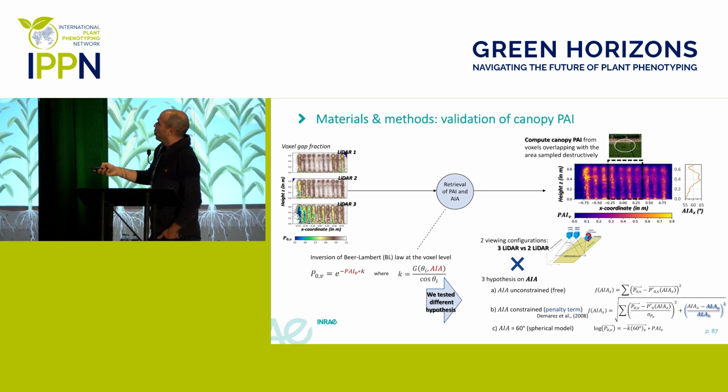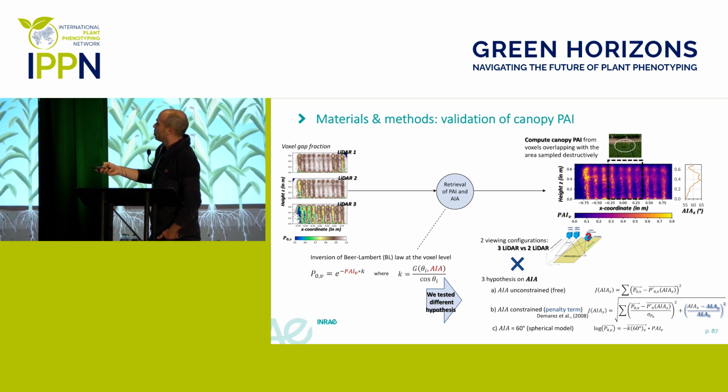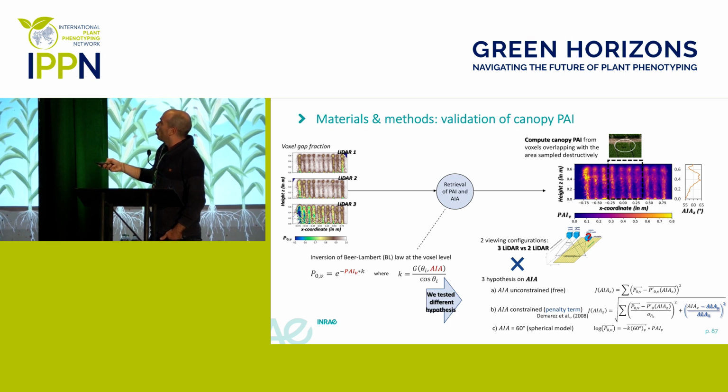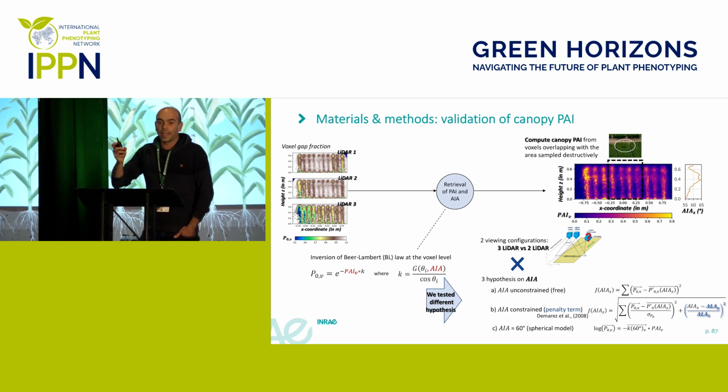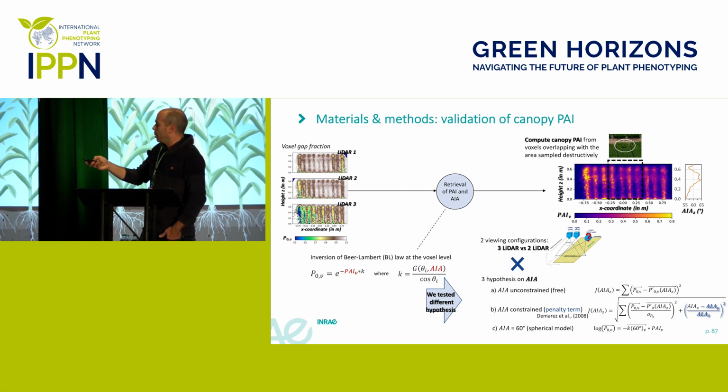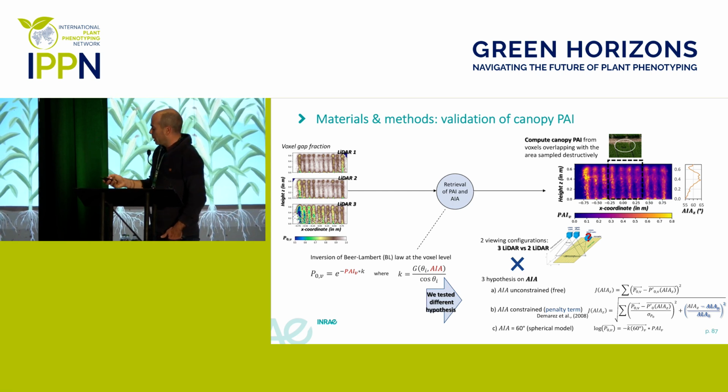Then of course, from this 2D distribution of PAI, what we do is integrate PAI at the canopy scale only from the voxels that overlap the exact area that we have destructively sampled in the field, and we compare the measured canopy PAI with the canopy PAI derived from these maps.